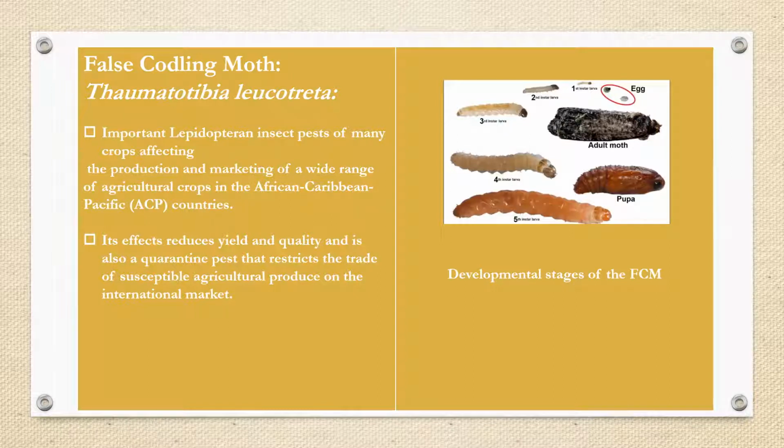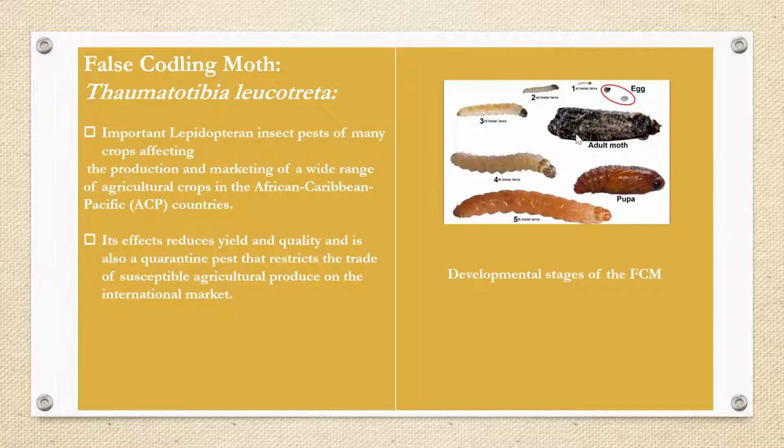Then these eggs hatch into larval stages. It's the larval stages of lepidopteran pests that are very devastating, and they are the ones that feed on the plant parts. In some crop commodities, they would feed on the fruits, particularly those commodities that we export. They would definitely feed on the fruits and destroy the quality of the fruits.